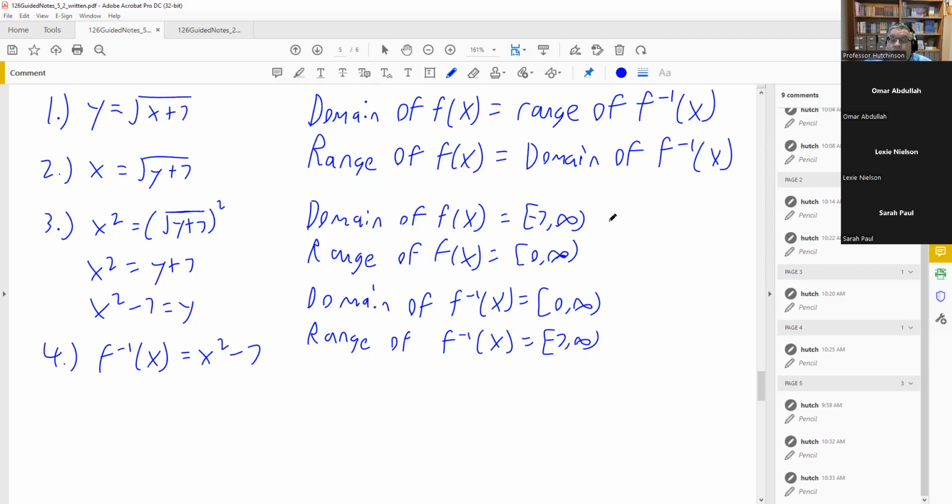So I think it helps to find the domain and range of the original one first, and then you'll know what to do for the inverse, because you can use these definitions right here in order to write that. So again, domain of the original is equal to the range of the inverse. The range of the original is equal to the domain of the inverse. So I found the domain and range of the original one. Automatically, I was able to get domain and range of the inverse.